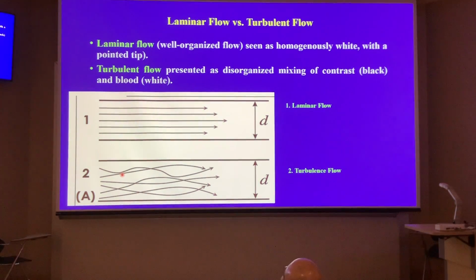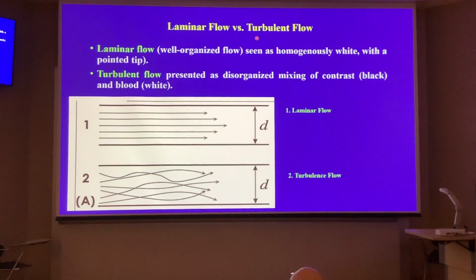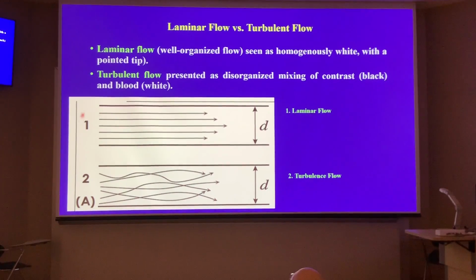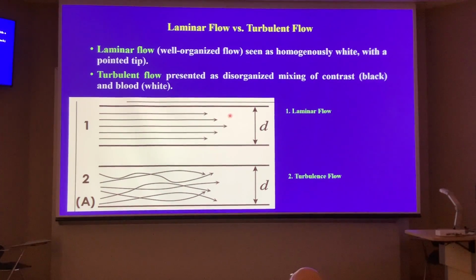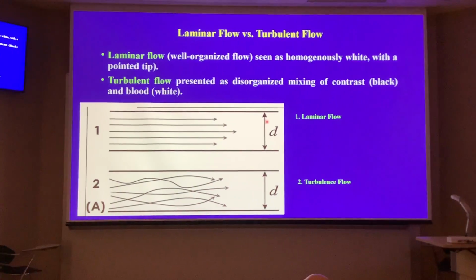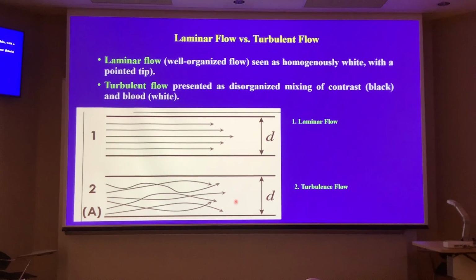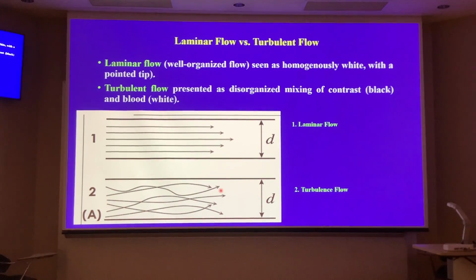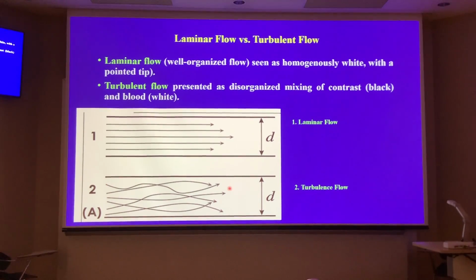For the definition of laminar flow and turbulent flow, in the first image we have the artery and the diameter of the artery, D. The laminar flow is very well organized, and this one is the turbulent flow, which is very disorganized in the arteries.